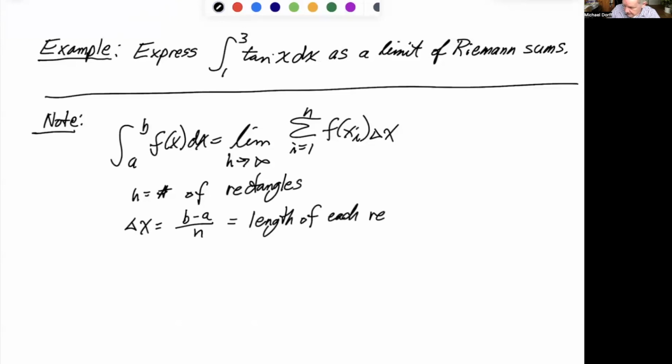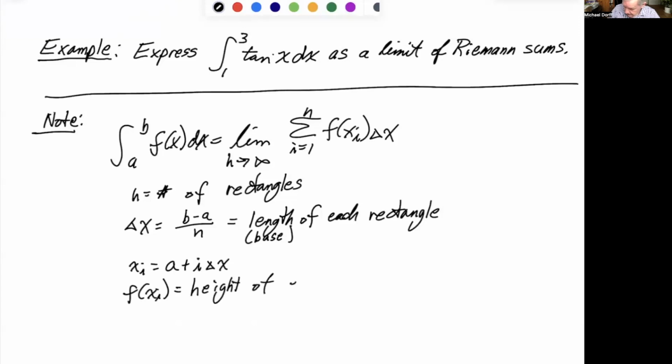So we're assuming that each of these bases are the same. x sub i is going to equal a plus i delta x, and f of x sub i equals the height of each rectangle.